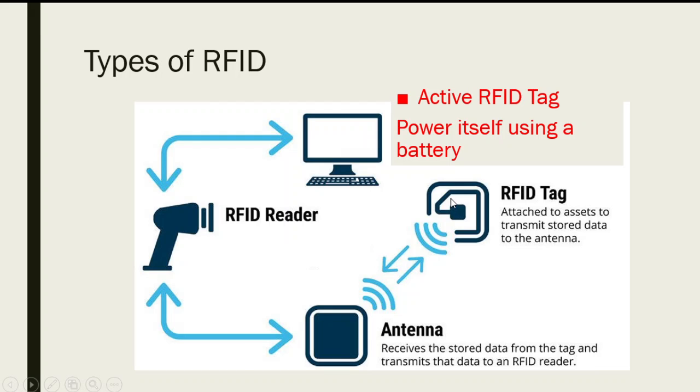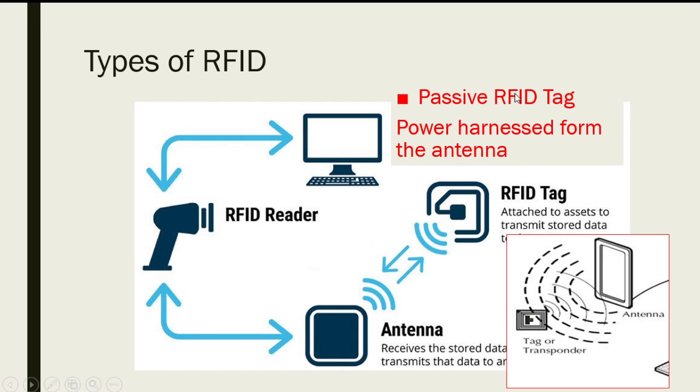Now, what is the other method rather than having a battery to power the RFID tag? The other method is using passive RFID tags. So in a passive RFID tag, there's no particular power source associated with the RFID tag, but it will have a coil which will induce energy which is being transmitted by the antenna associated with the RFID reader.